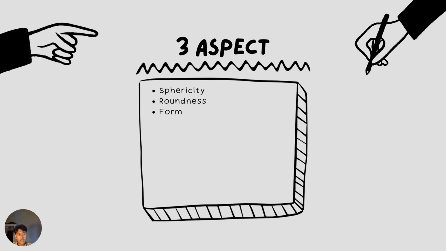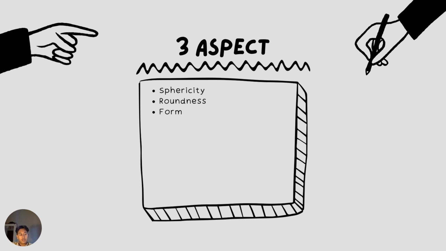This property helps us understand how much the pebble has been modified during transport. As I said before, with low sphericity the form is more elongate, and with high sphericity the pebble shape is more spherical, more round.